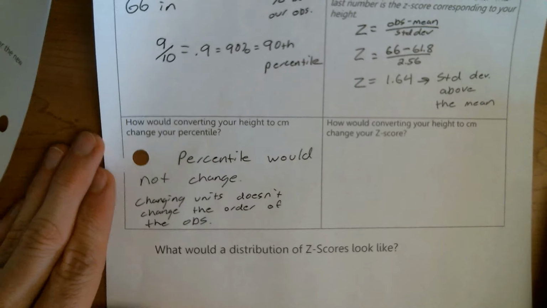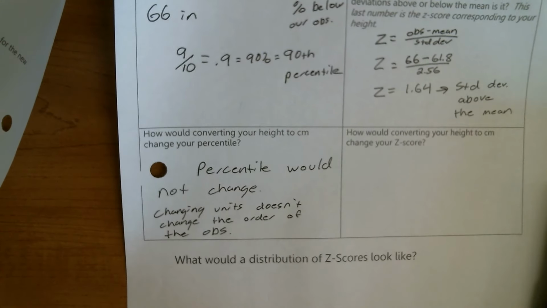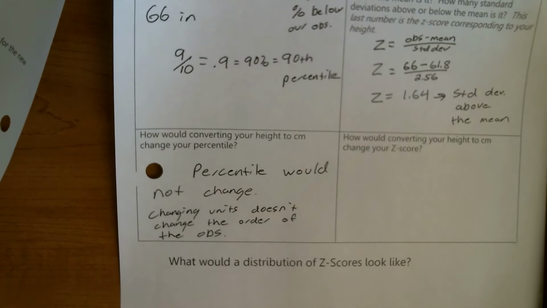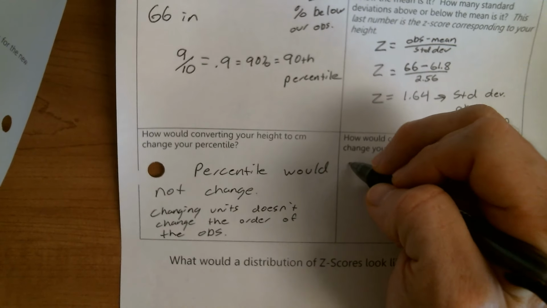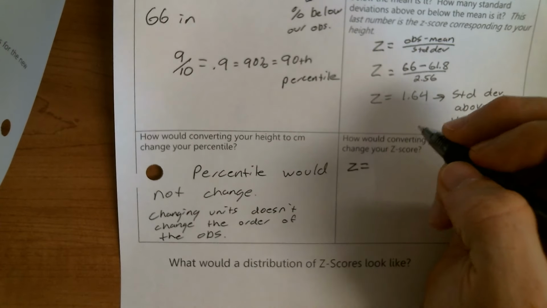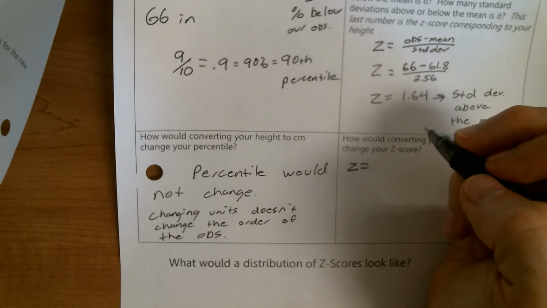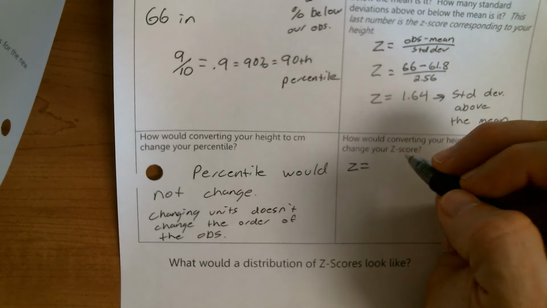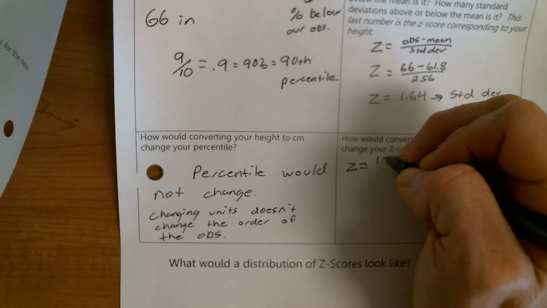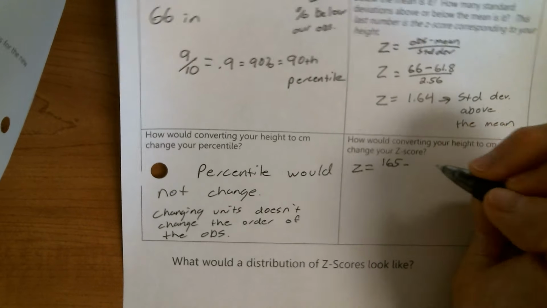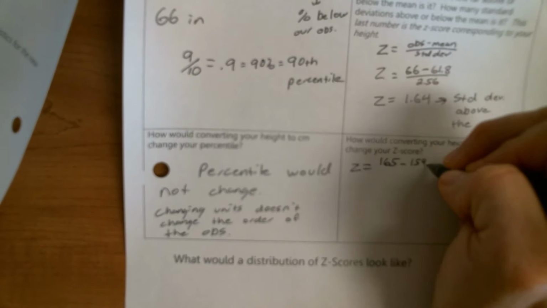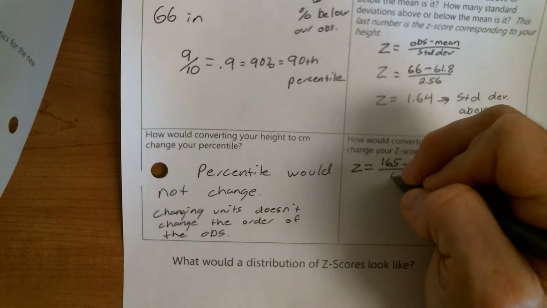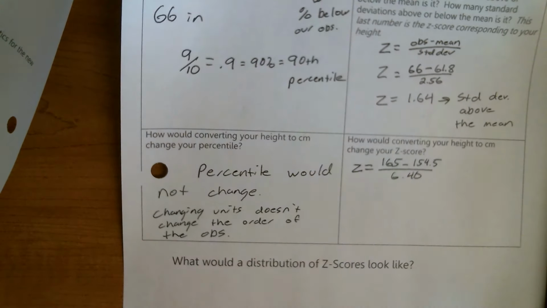Would converting your height to centimeters change your z-score? Now, this is the one that you might not be as sure on, so let's just do the calculations and see. So z equals, my observation was my 66 inches, which when converted to centimeters was 165, minus a mean of 154.5 divided by 6.40.